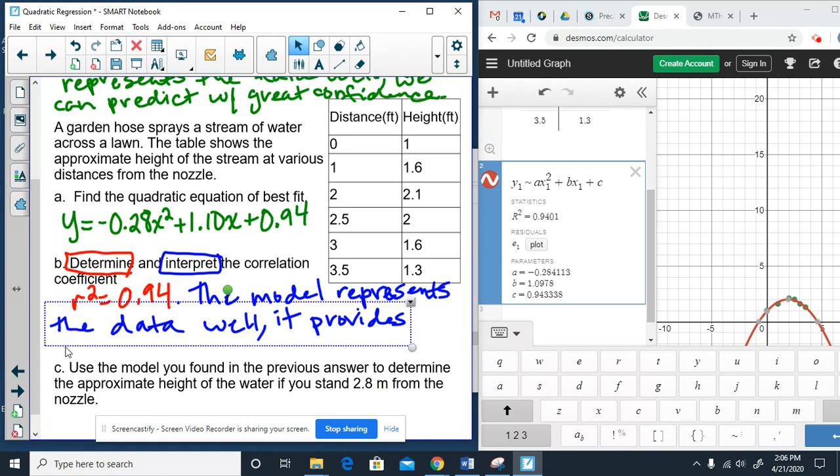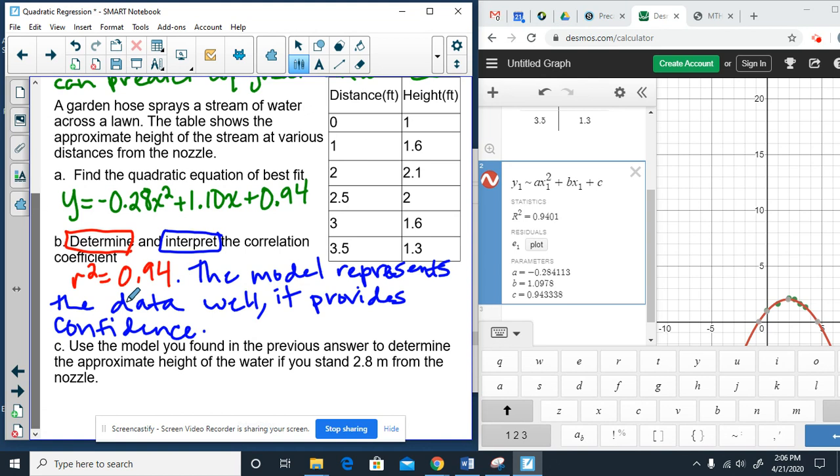So it provides confidence when used. Or we can use this with confidence. If you were asked something about the distance or the height of this garden hose, we could answer it and say we could test it out and it should be pretty accurate.